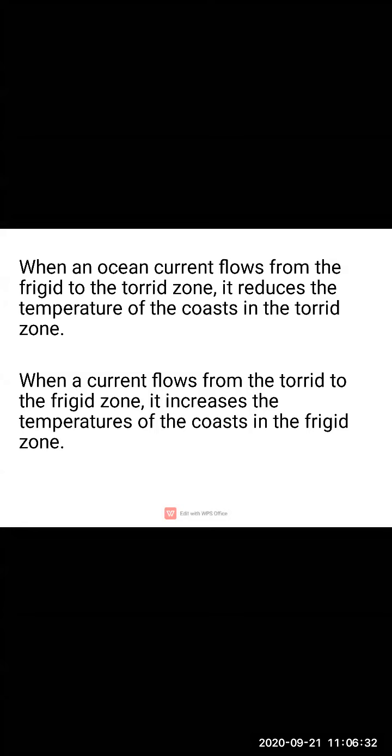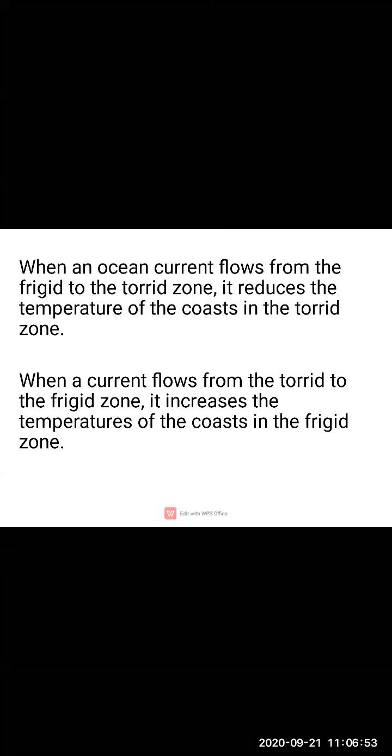So when this ocean current flows from the frigid to the torrid zone, it reduces the temperature of the coast in the torrid zone.